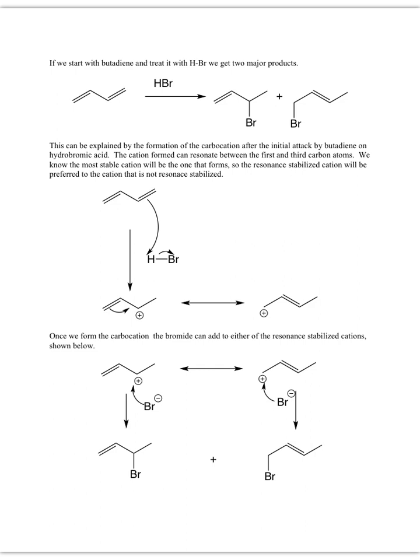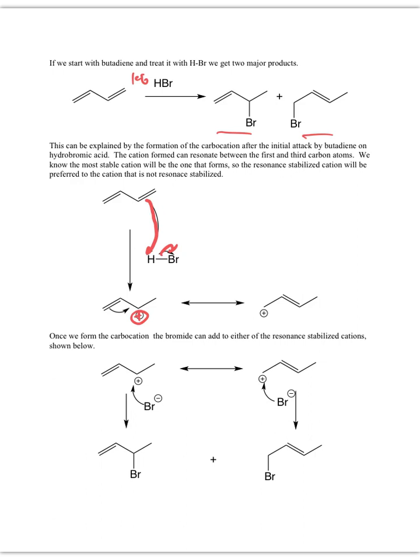If we take one equivalent of HBr and add it to 1,3-butadiene, we get two possible products: the bromine on carbon 3 and the bromine on carbon 1 of what was the diene. To start the mechanism, the pi bond attacks the hydrogen, and you kick out the bromine. That gives us this cation, the more substituted cation.